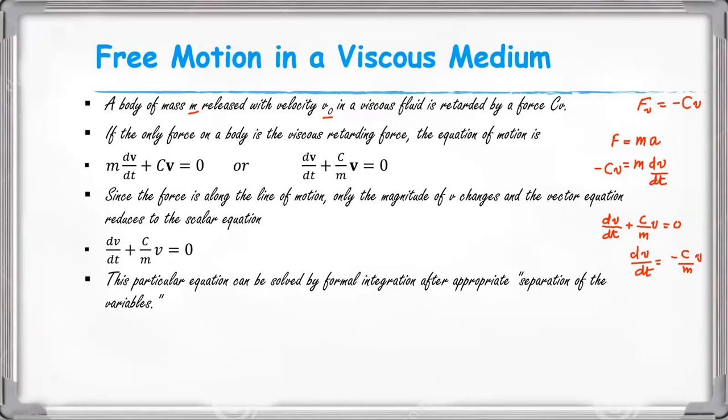But here v appears on both sides, so taking dt to this side and v to the other side, we can express it as dv by v is equal to minus c by m into dt. Here c and m are constants.